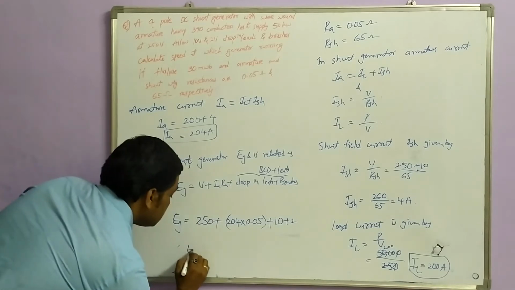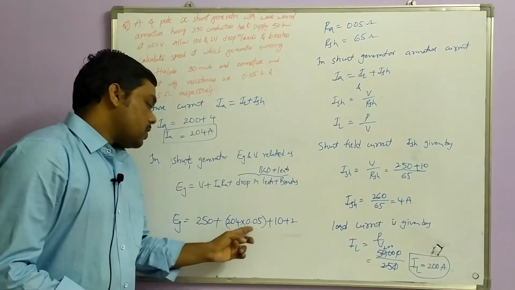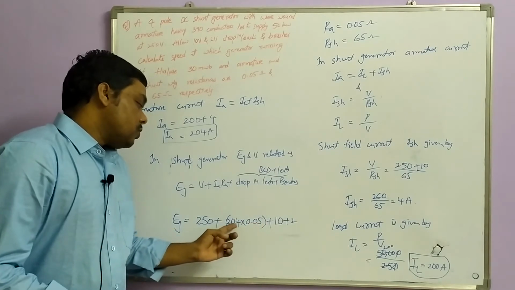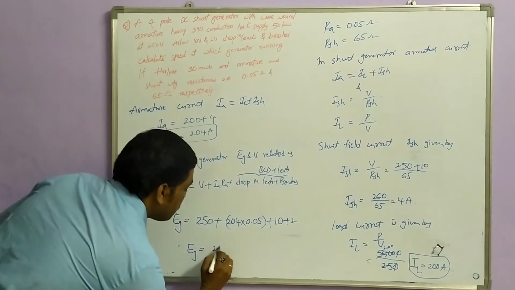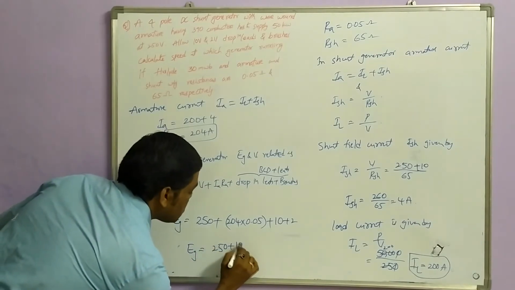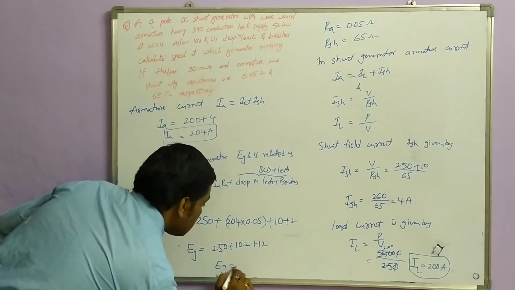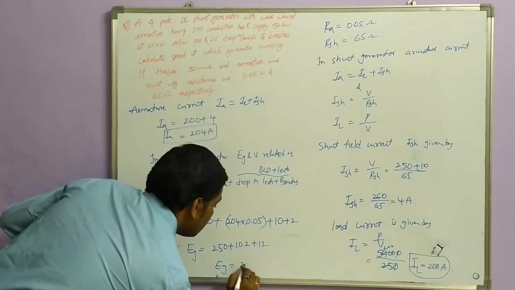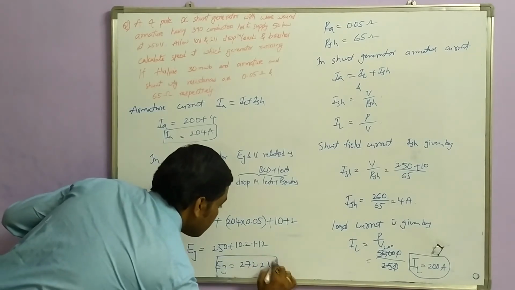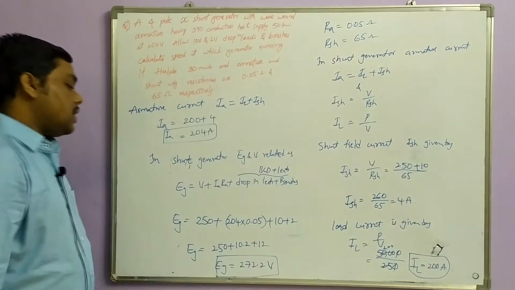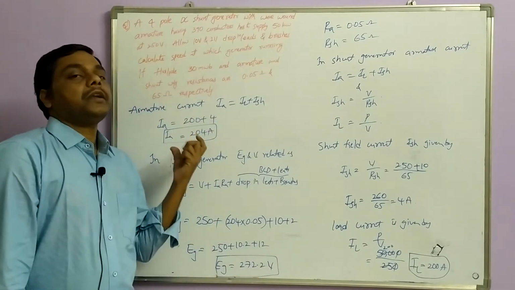Now EG is equal to, if you get 204 into 0.05, you get 10.2, so 250 plus 10.2 plus 12, so EG is equal to 272.2 volts. Now this is the actual generated EMF in the shunt generator.